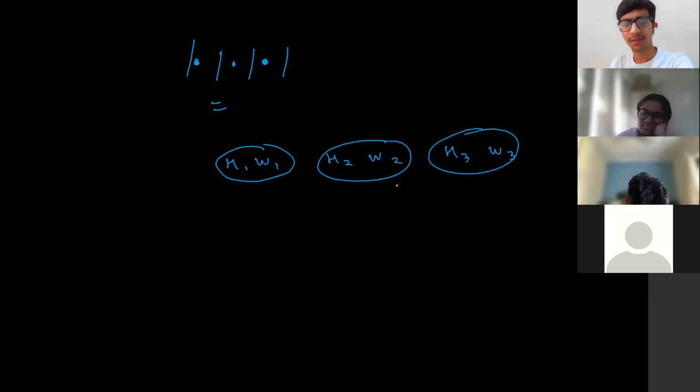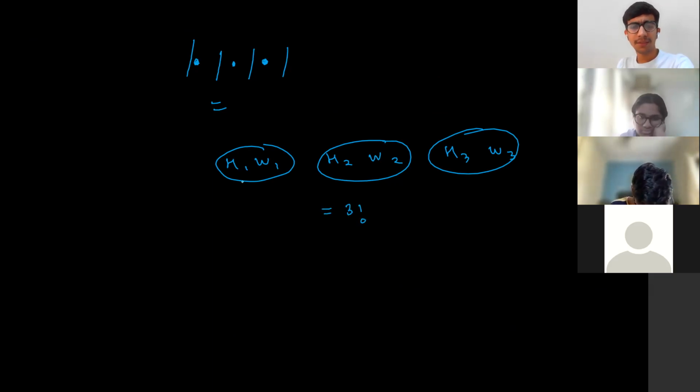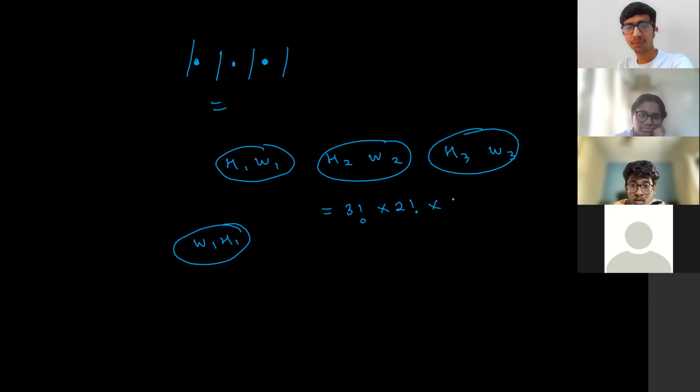How many ways are possible in which 3 units can be arranged? 3 factorial. Individually, I can arrange the husband and wife too, matlab W1, H1 can also be one of the cases possible. I mean, still husband and wife are together, right? So into 2 factorial for H1, into 2 factorial for H2, into 2 factorial for H3.